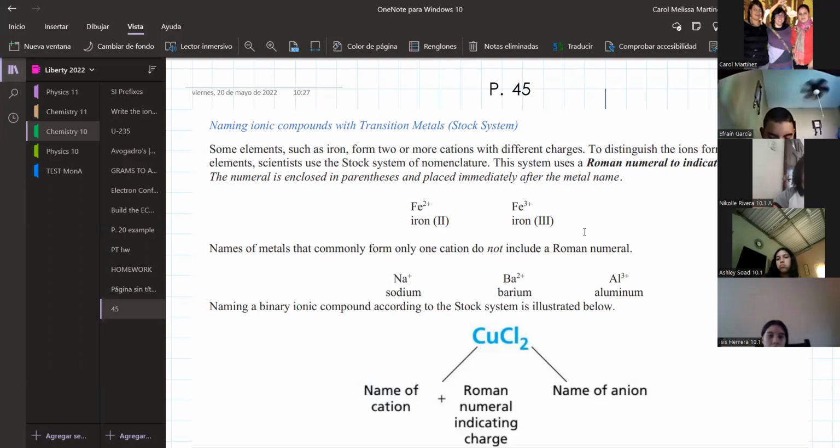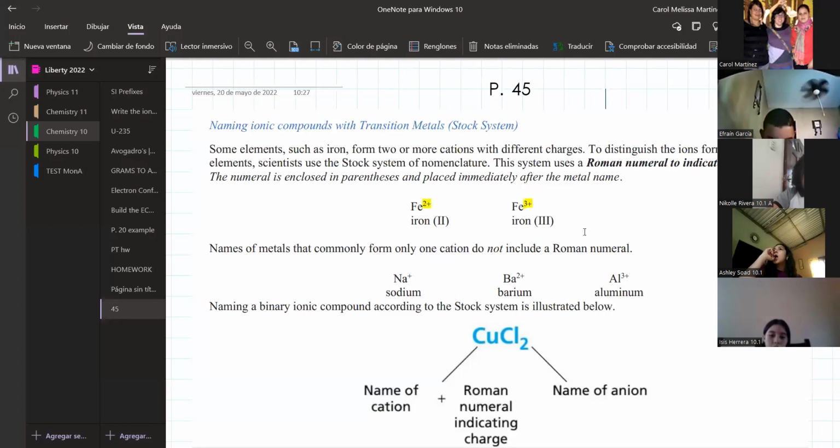Anytime we use the parentheses and the Roman numerals, that is called the stock system. And this system uses Roman numerals to indicate the charge of the ion. The numeral is enclosed in parentheses, and it is placed immediately after the name of the metal. So, for example, you can see that iron forms two different kinds of ions.